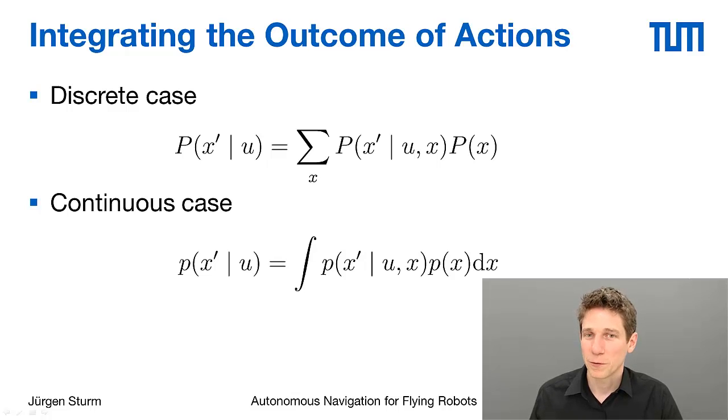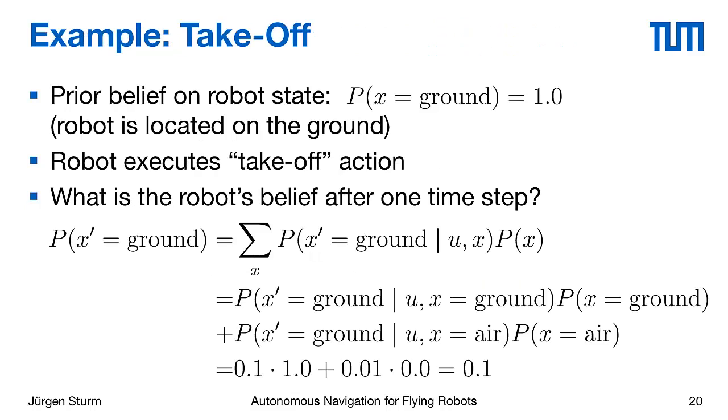But as you know, always when we are uncertain about the world state, we can just integrate over all possible world states, or sum over all possible world states x, and then multiply the motion model with the prior probability of what we thought we were in this state. Of course, this applies both to the discrete case, as in this previous example, as well as to the continuous case when we're dealing with continuous positions in 2D or 3D.